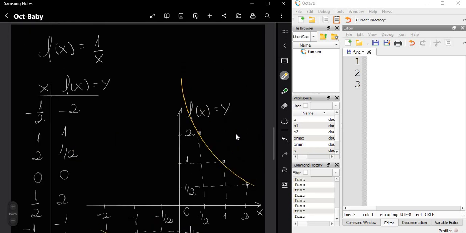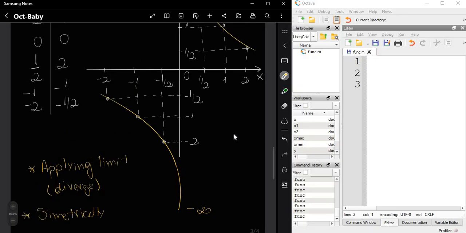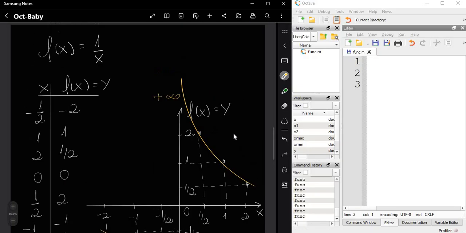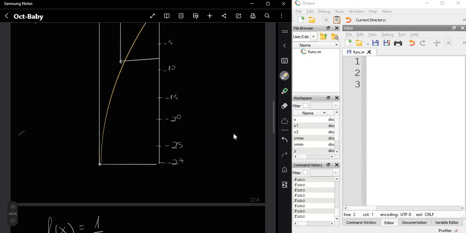So it's diverging. What else? Again, this function is also symmetrical, just like this one is symmetrical, but we cannot mirror.